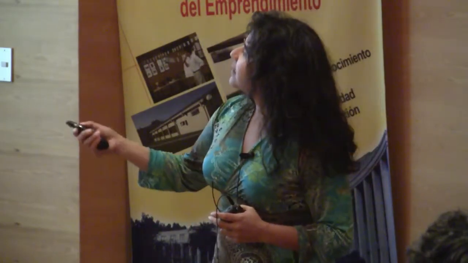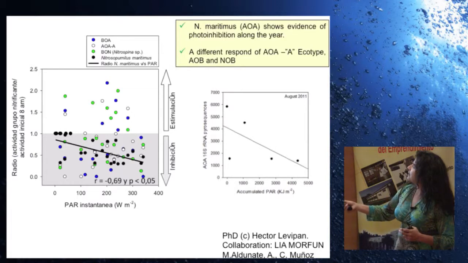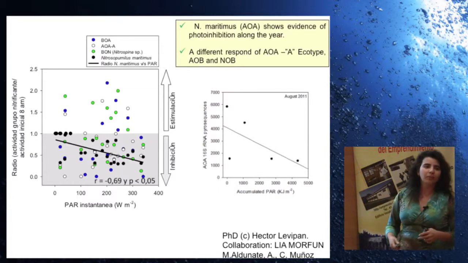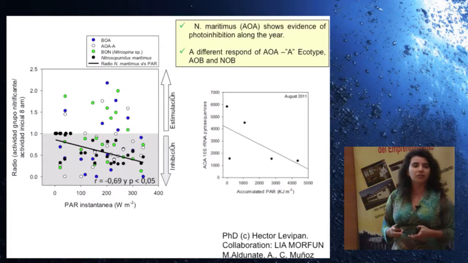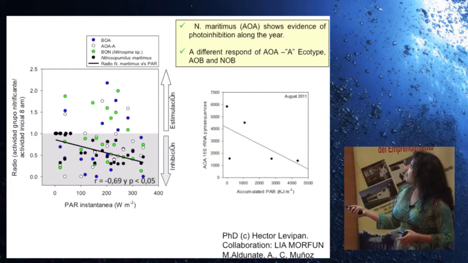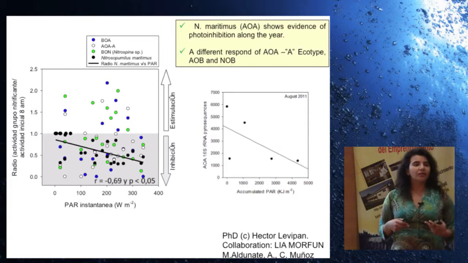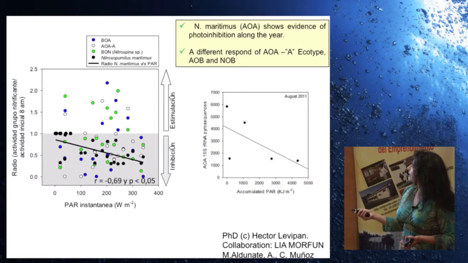And we see that there is a random or different response of the general community, except for the black dots that are Nitrosopumilus maritimus. We can see that it looks like an inhibition of these natural communities in the environment. But then there is a different response from these other groups.